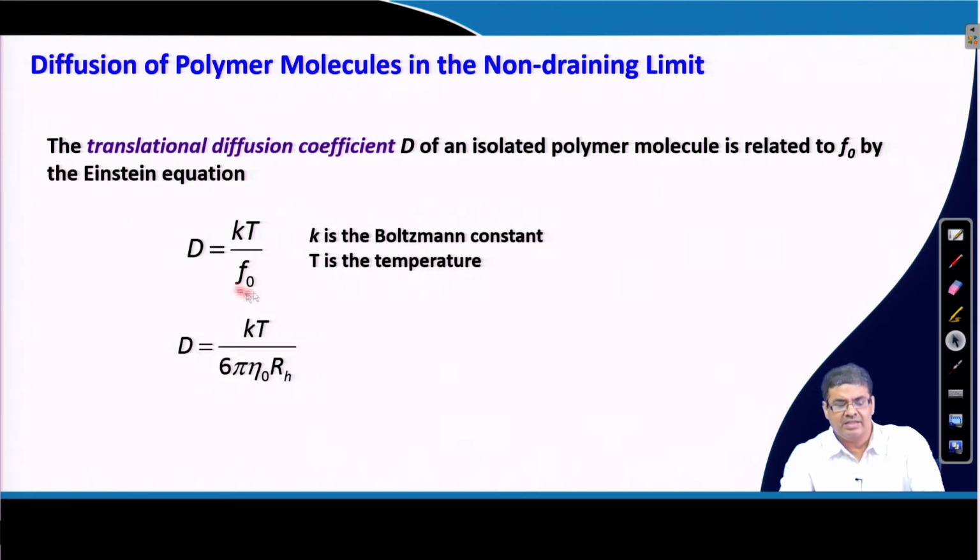This frictional coefficient is linked to the hydrodynamic radius by the Stokes equation. So, if we find the diffusion coefficient, we can use this expression to find the size of the hydrodynamic particle, which is done using dynamic light scattering, which I will discuss in a coming lecture.